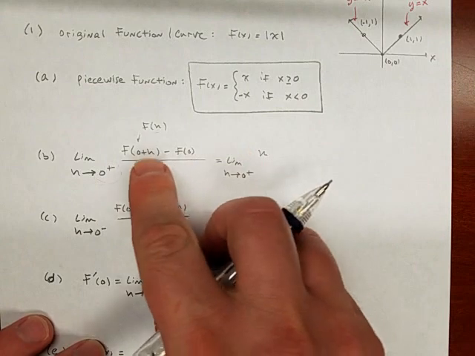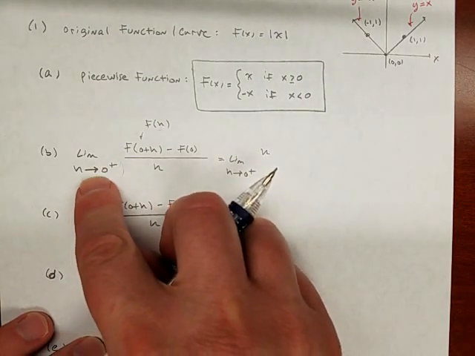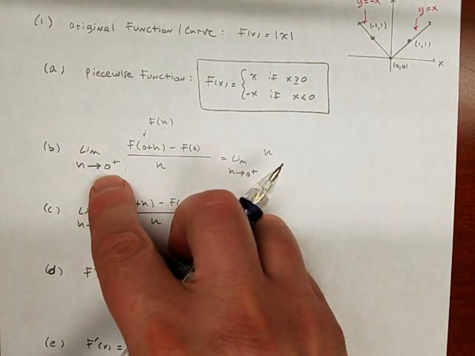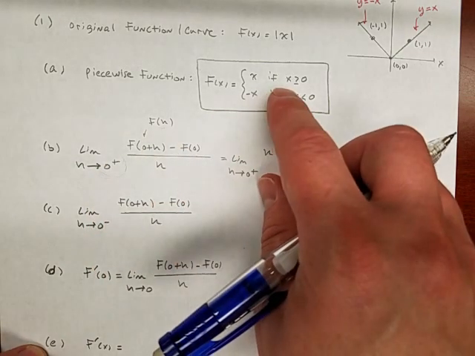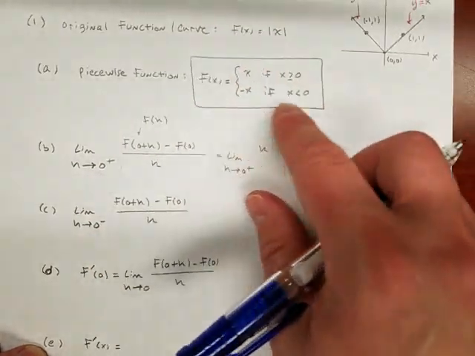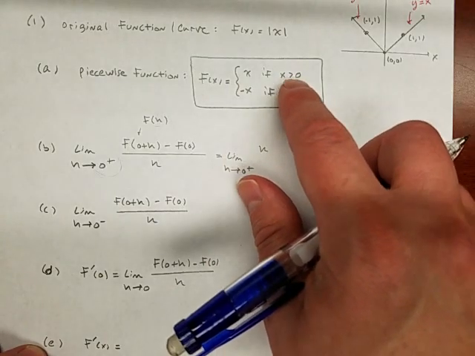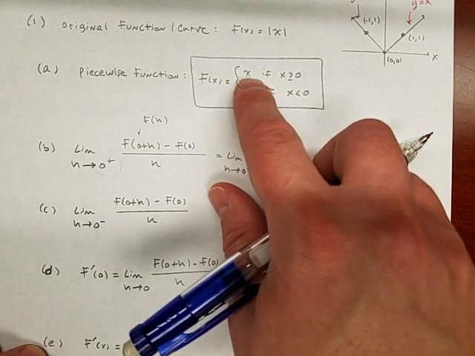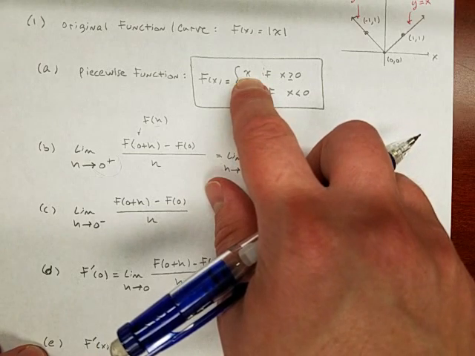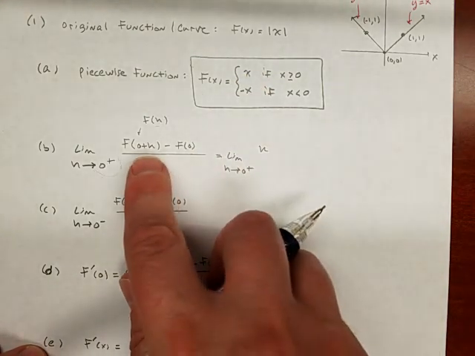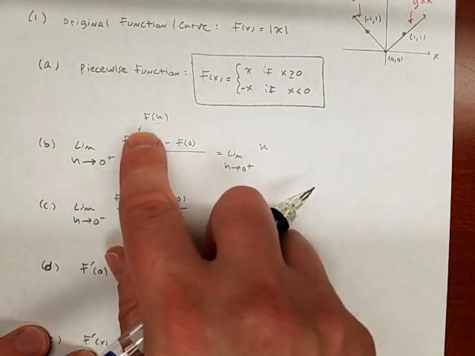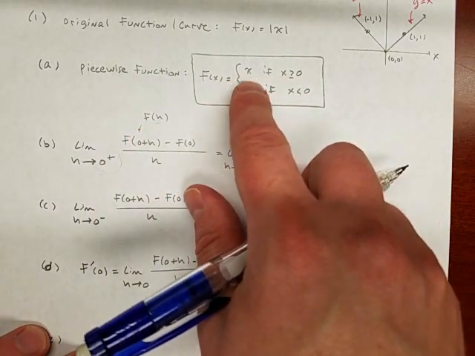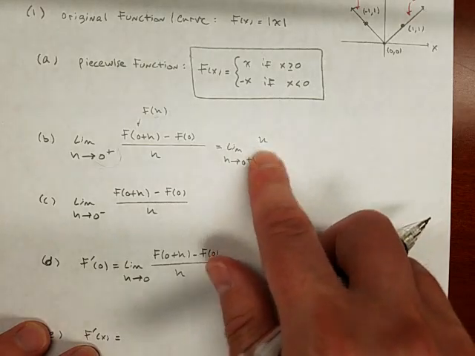In other words, what's an example of a number close to 0 from the right? I don't know, 0.5? What if you put 0.5 into this function? Which one of these does it satisfy? The top one, and that's your answer. So I'm treating the h like that. h is barely to the right of 0. Put it into this function, and that's what you get.